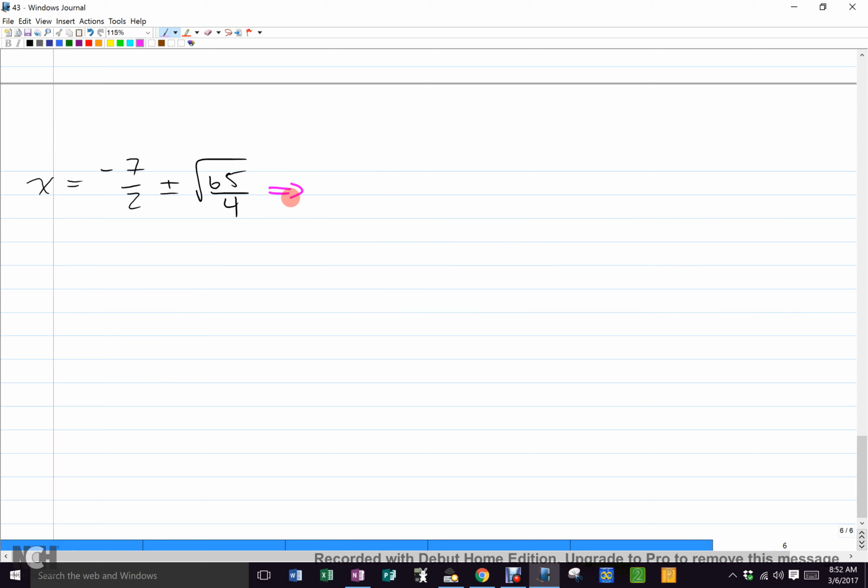This can become -7/2 plus or minus the root of 65/2. Right? Because the root of 65/4 is root 65 over the root of 4, which is 2, yes? And then, do I have a common denominator? So I could have -7 plus or minus root 65/2.